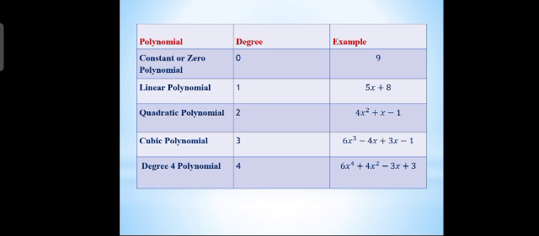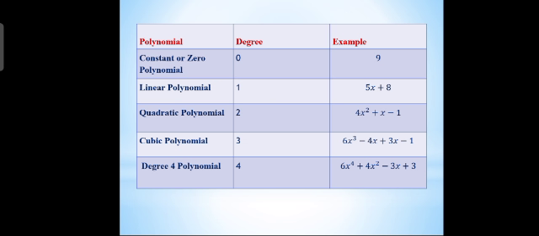The next one, 4x squared plus x minus 1, and here the highest exponent is 2. So this is degree 2 polynomial and it is also called quadratic. And you can observe that this polynomial having 3 terms. So with respect to terms you can say that this is trinomial.